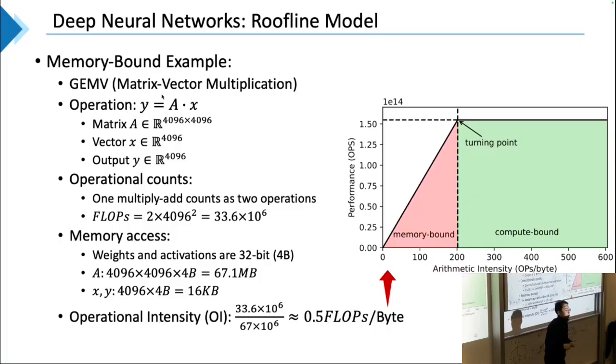So this is the third purpose of roofline models. And one thing I want to mention is once your hardware is determined, this roofline model is determined, and you're not able to change this. It just helps guide your kernel optimization or your algorithm design.